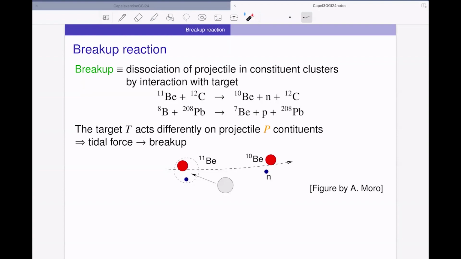So hopefully you can learn something from measuring this, seeing how they break up, at which energy, and what the value of the cross section is, which will give us information about the structure of the nucleus.